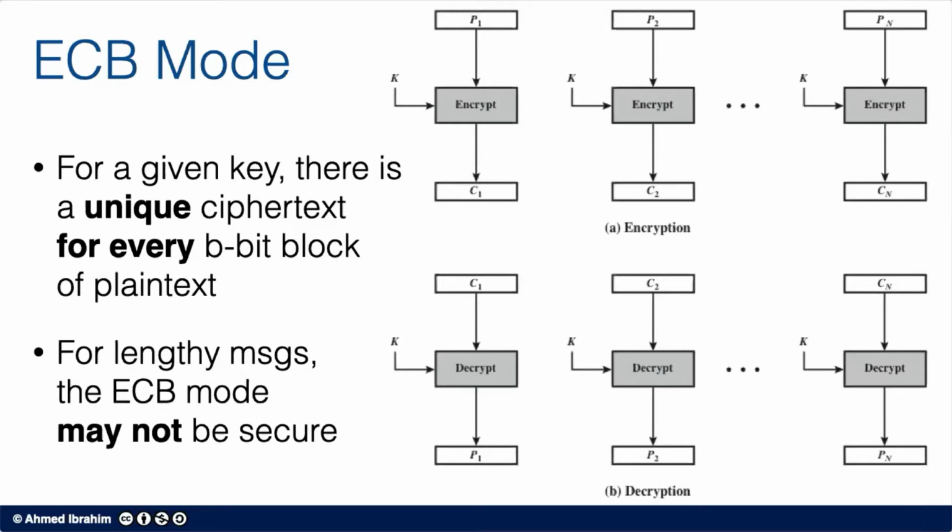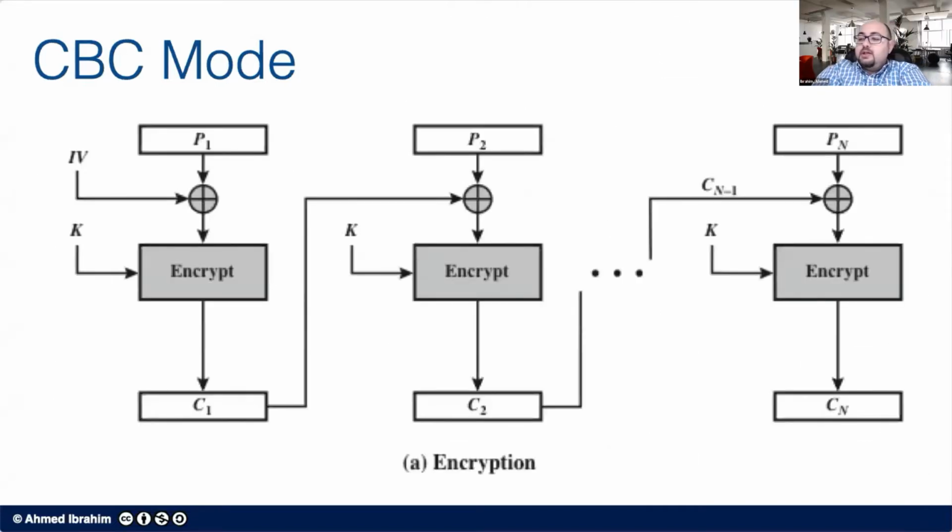So people came out with a mode that's called cipher block chaining, which requires something called an initialization vector. This initialization vector gets XOR'd to the plain text before it gets encrypted.